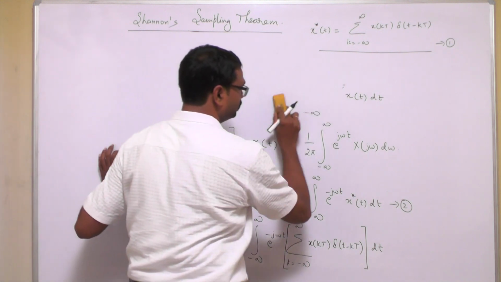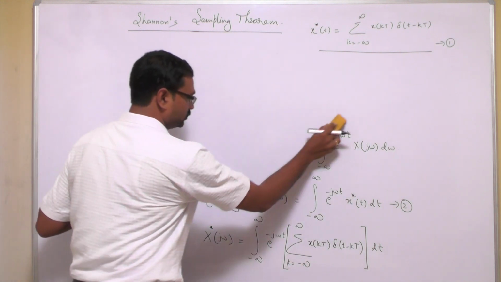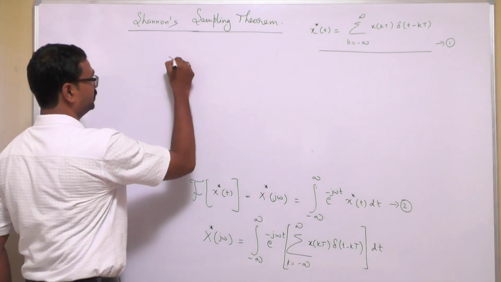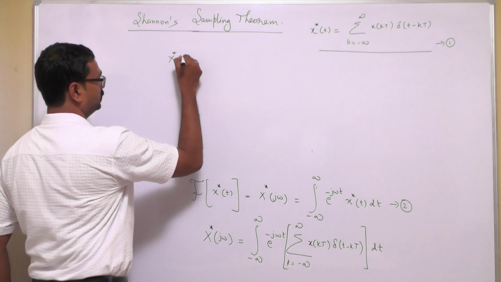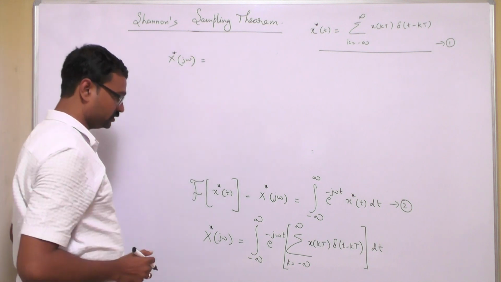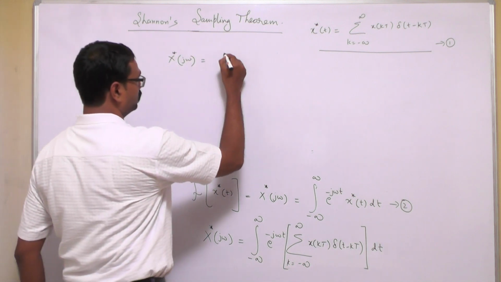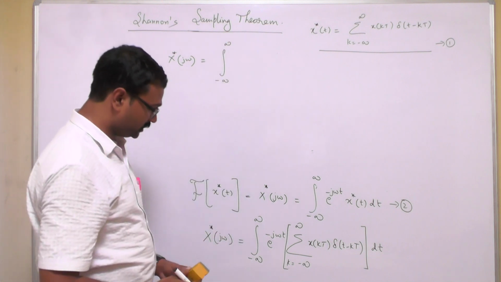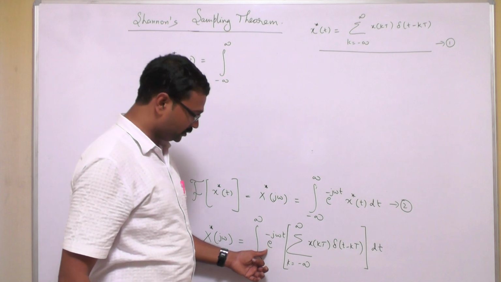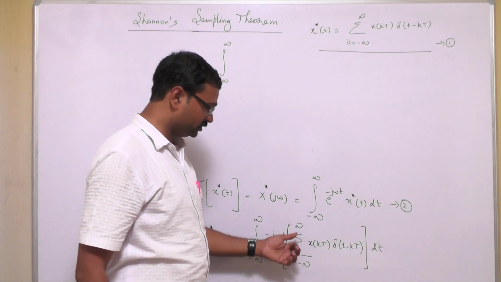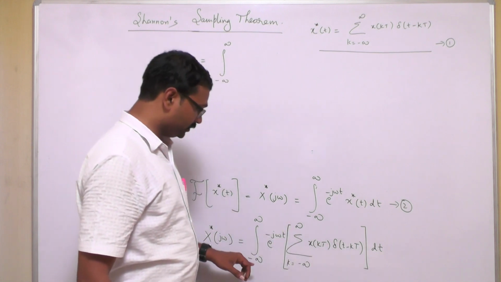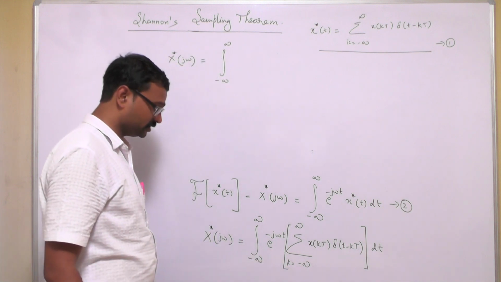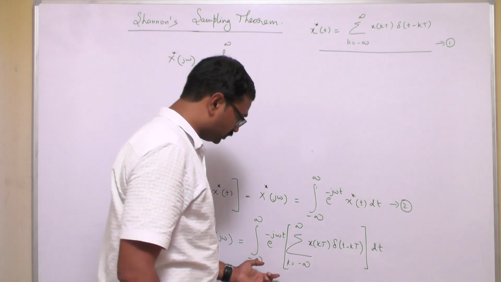So after simplifying this equation, we can say that x star of j omega is equal to the integral over minus infinity to infinity e power minus j omega t sigma k minus infinity x of kt del of t minus kt, where integration and summation both can be interchanged without any loss of generality.